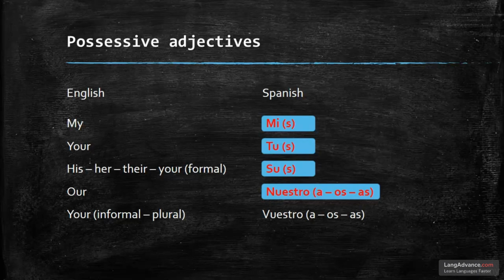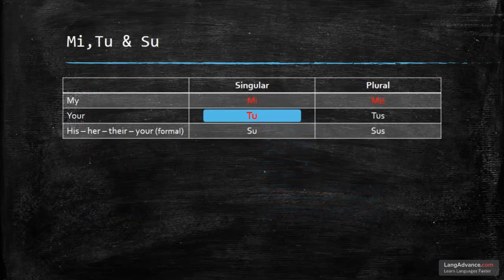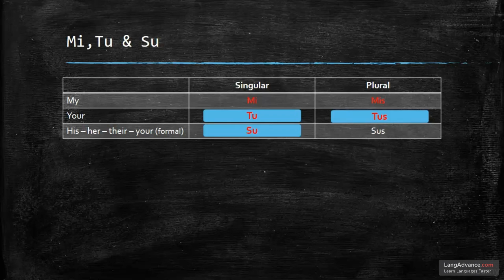And finally, plural form of your informally translates to vuestro, with other variations for different genders. Your informal becomes tu in singular form and tus in plural. And finally, his, her, their, or your formal is su in singular and sus in plural.